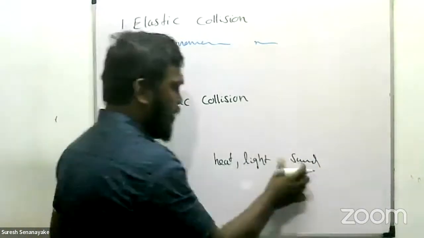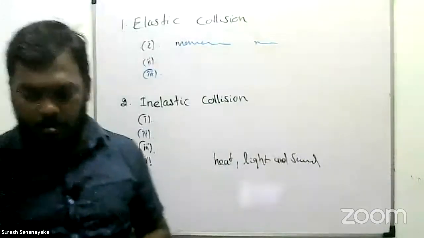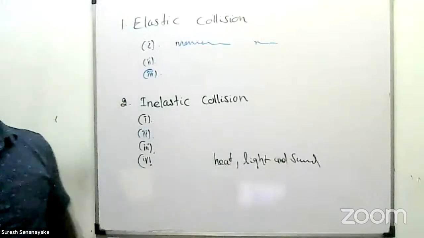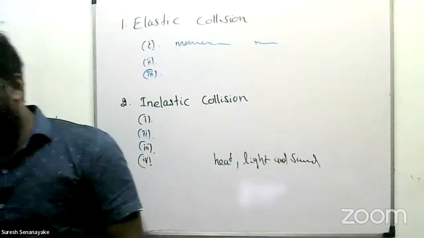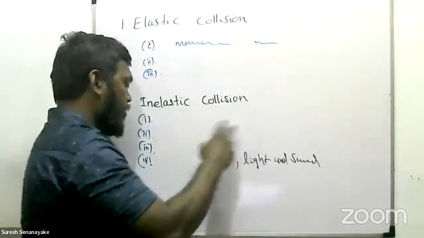And sound, because during the collision they make sound, and sometimes they make light also, and in most of the cases they convert to heat. These are the two types of collisions.